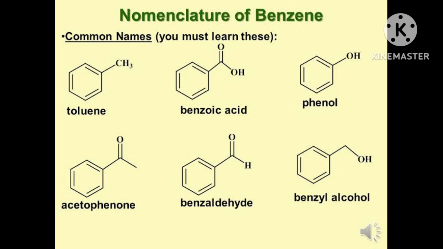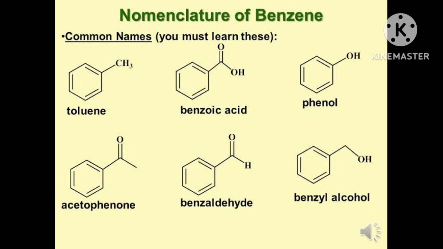Then the group is the first starting number, just after it the next is ortho, after that meta, and after that para. Means 1,4 is para; 1,2, means continuously next, that is ortho; and the third carbon is called meta. Okay, second carbon ortho.